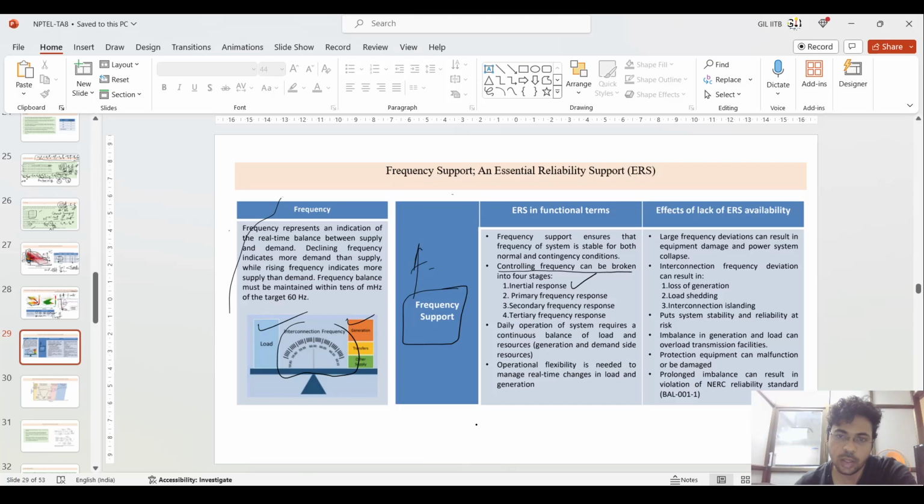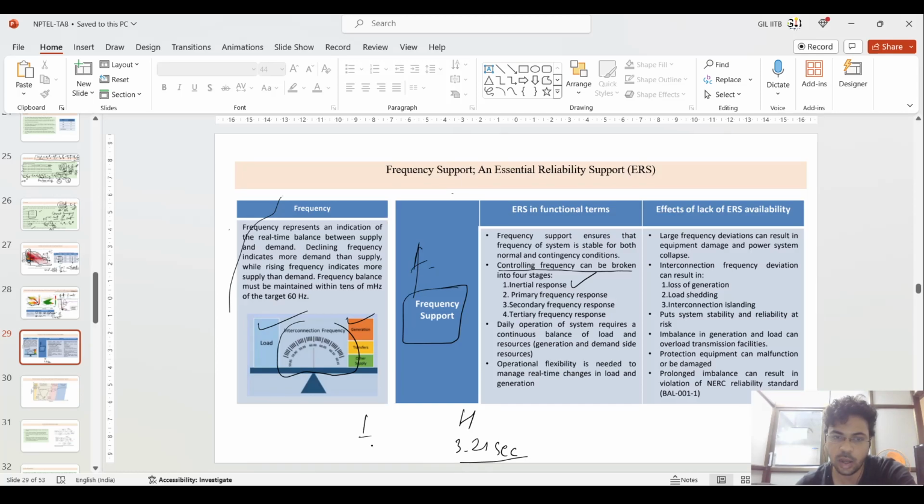Why? Because the first thing you encounter during this delta F change is your inertial response. After a certain duration, suppose the inertial response is 3.21 seconds, it can provide the half J omega sm square, the stored kinetic energy. What after 3.21 seconds?